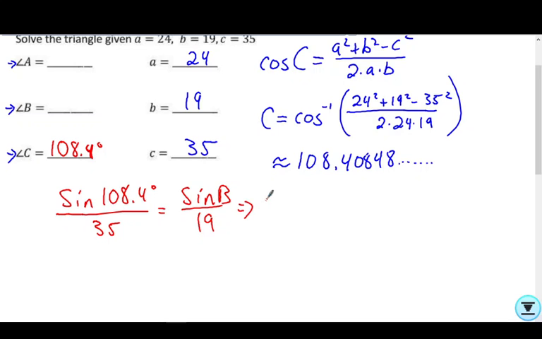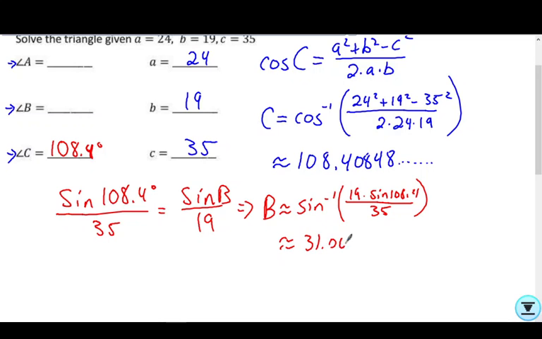We use that to solve for B. So angle B is going to be inverse sine of 19 times the sine of 108.4 over 35. You plug it into your calculator and you get approximately 31.0027719, and so on. So when you round to the tenth, angle B is 31.0 degrees.